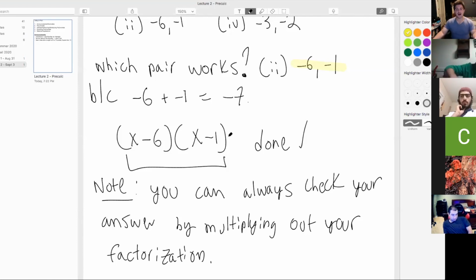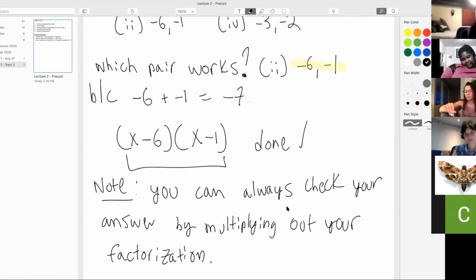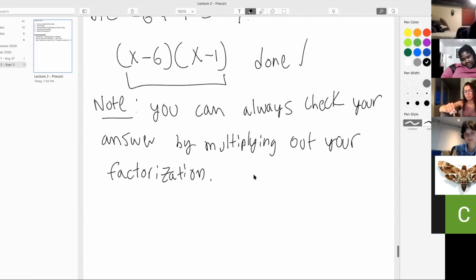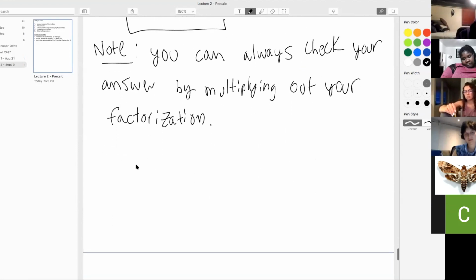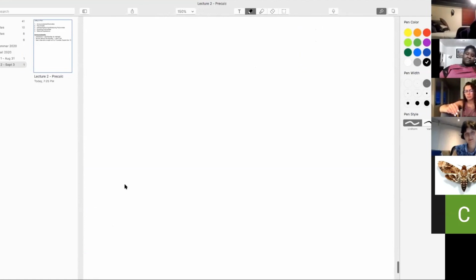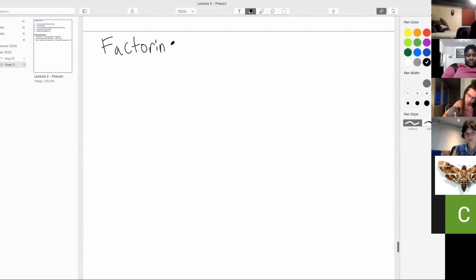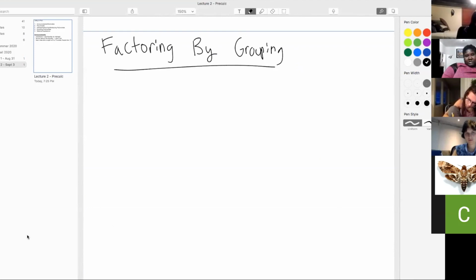All right, so let's move on to the next factoring technique. Maybe this also looks familiar. It's going to be called factoring by grouping.